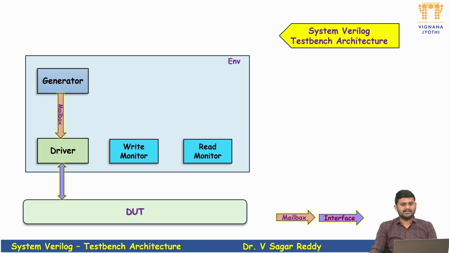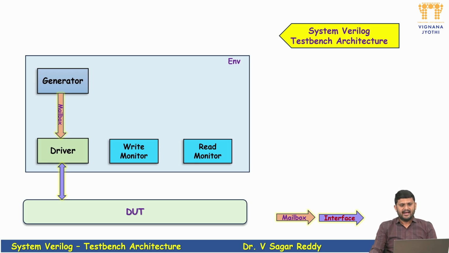And coming to the monitors, we have a write monitor plus a read monitor. Now we introduce these monitors, and notice that in this architecture we have two monitors, intentionally. The first responsibility is that it observes signal activity on the DUT interface, and it watches every signal transition, every bus change, every output the DUT produces.